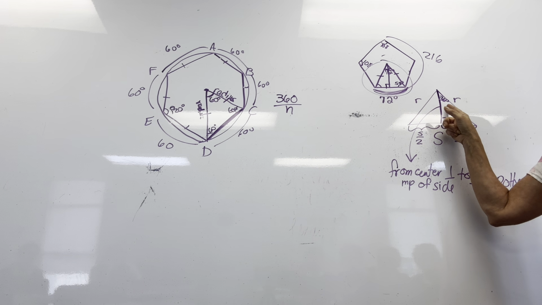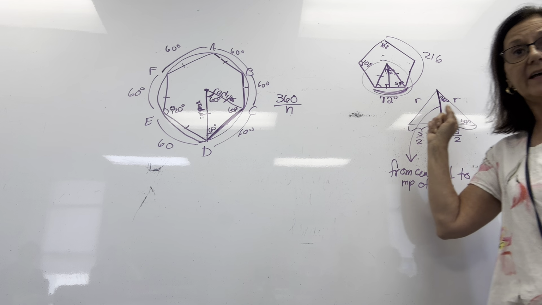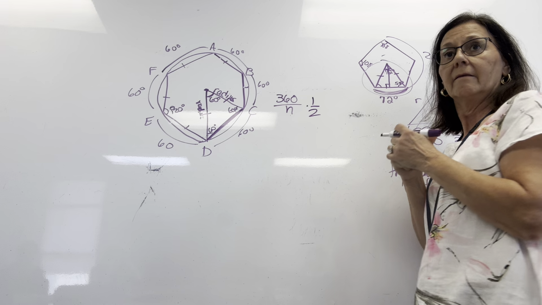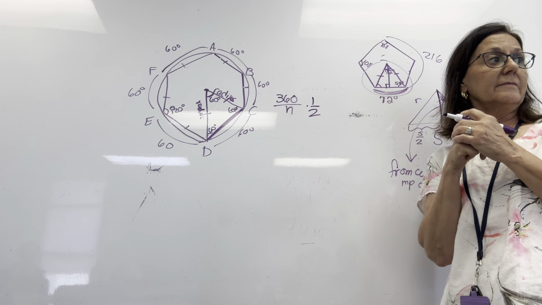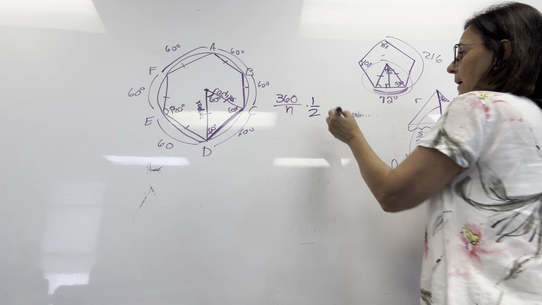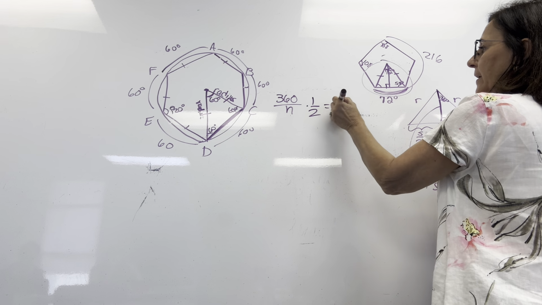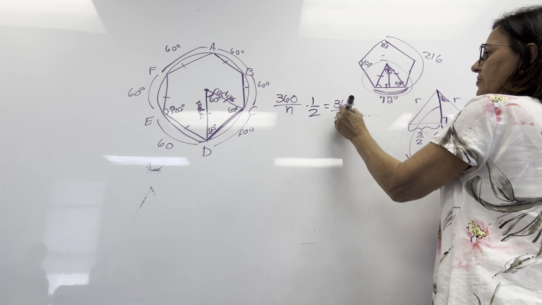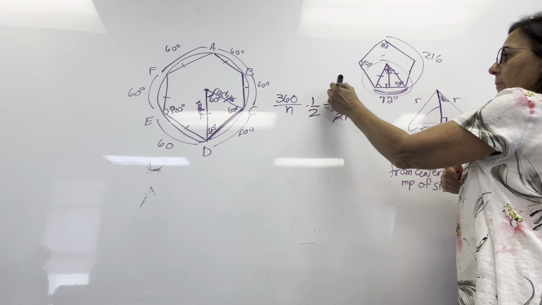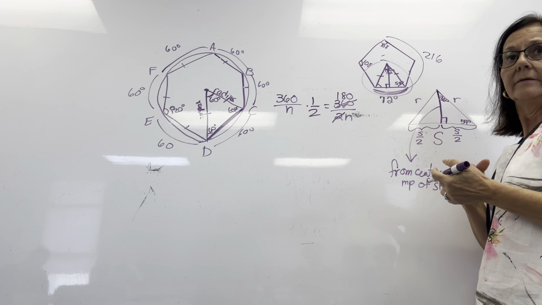Then to get the 36, we took half of it. Got it? That's how we got the 36 degrees. Such that that would be 360 over 2n. If I simplified that, it would be 180 over n.